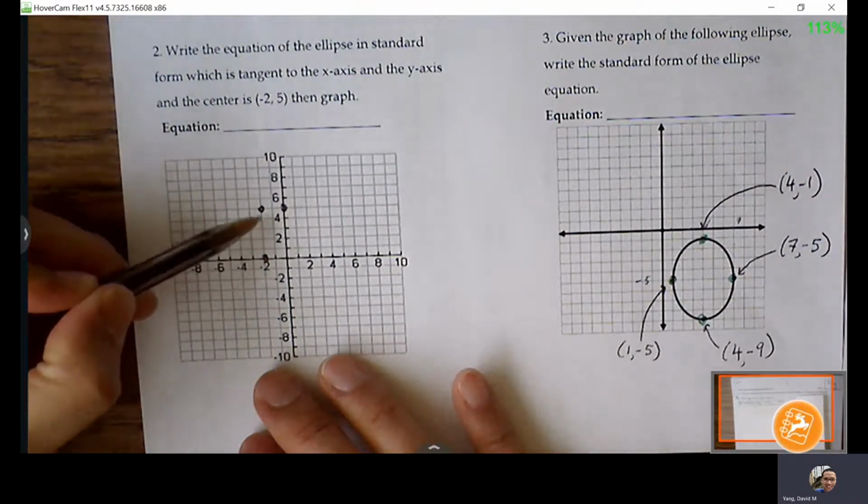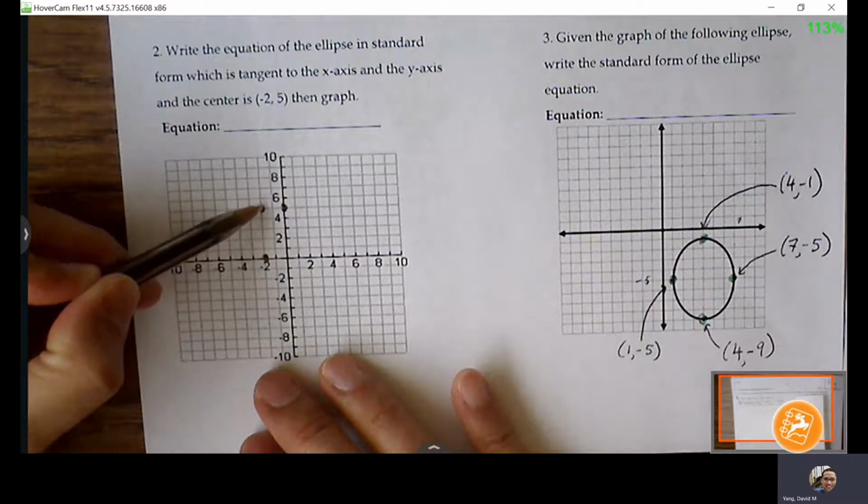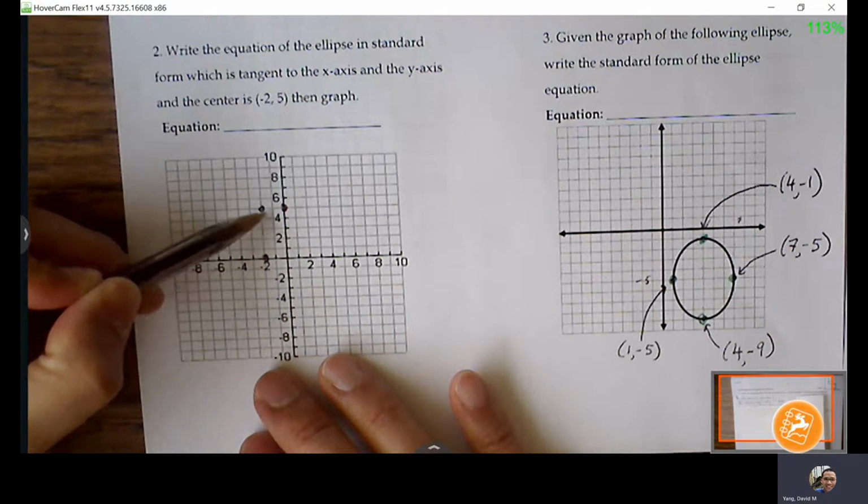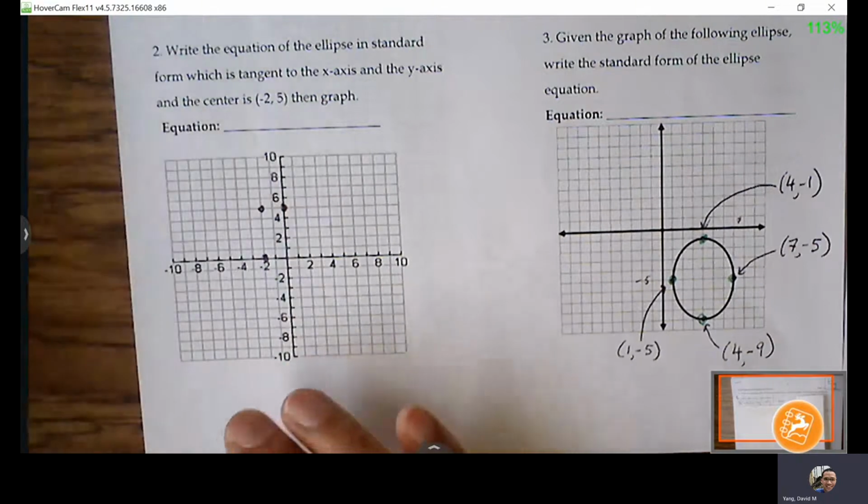We know that the distance here is going to be longer along the vertical. We're expecting our A value to be vertical and our B value to be horizontal.